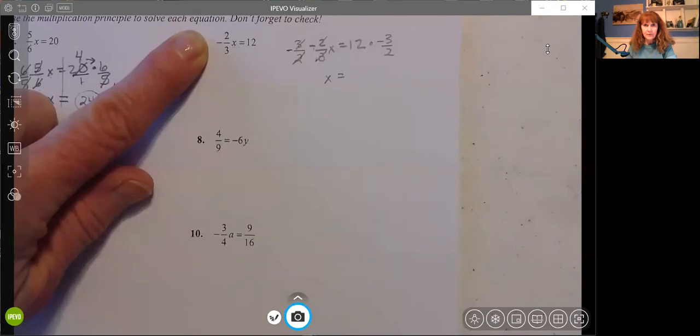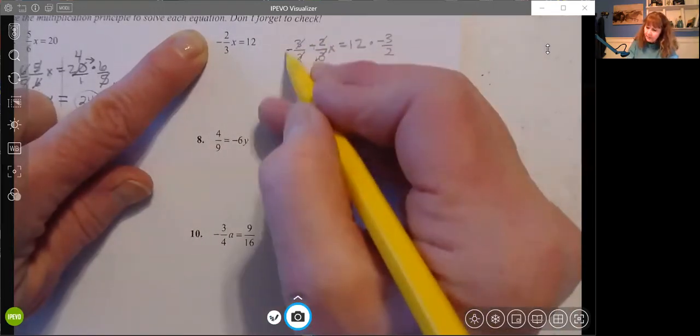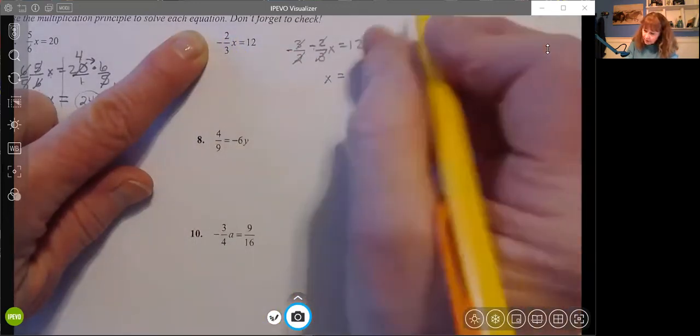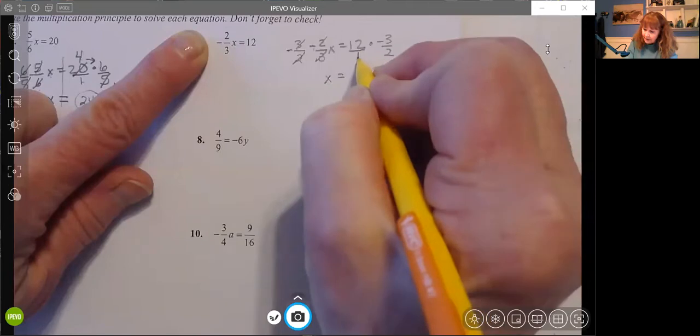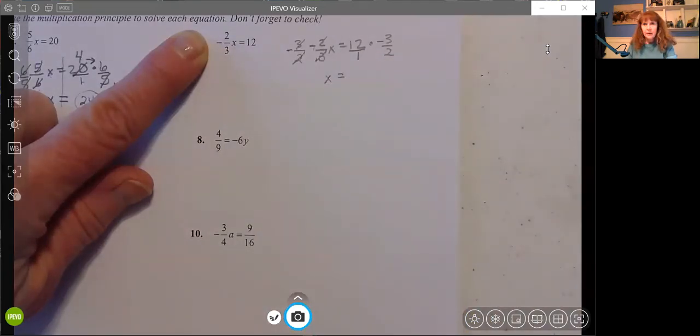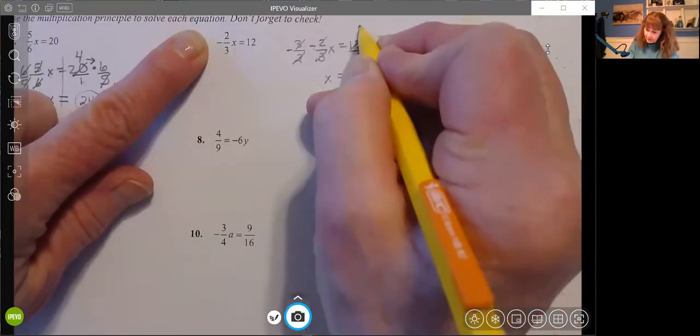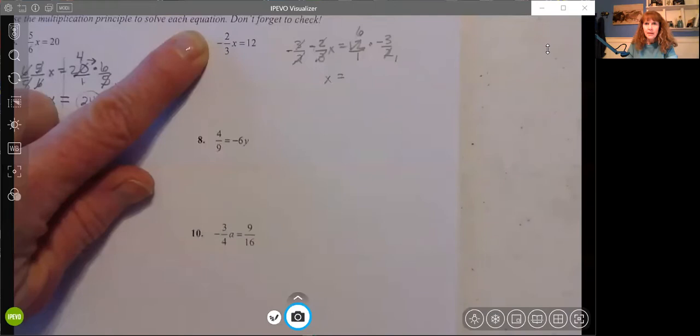Then on the other side, because we got rid of our number that was in front of the x, we were able to get rid of that. So here I'm going to put 12 over 1, and I'm going to reduce it. 2 goes into here once, 2 goes into here 6 times.